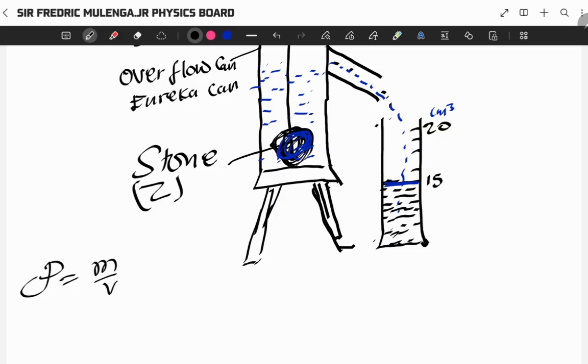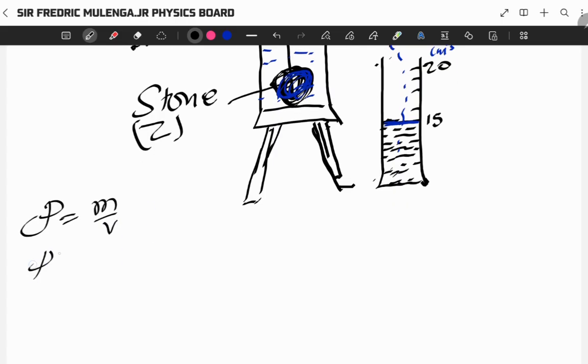Okay, so I'll put 400 grams there, given over 15 centimeter cubic. So what do I have? So go ahead and solve.